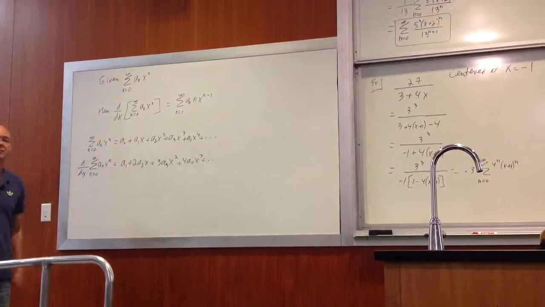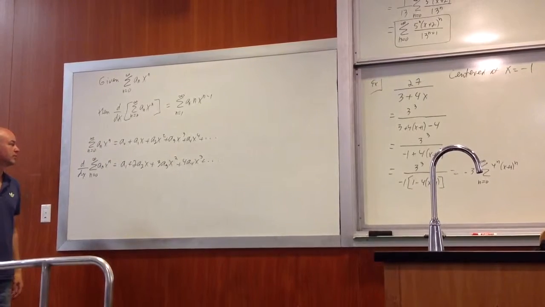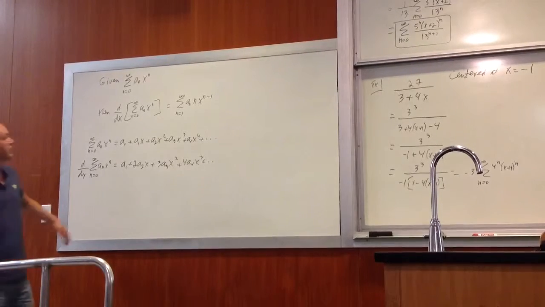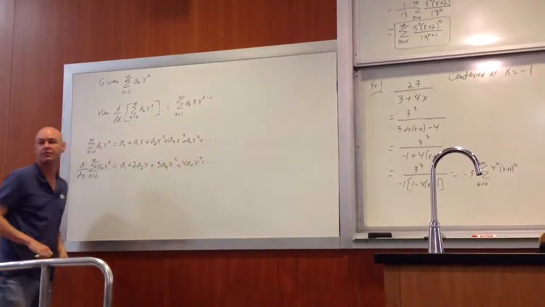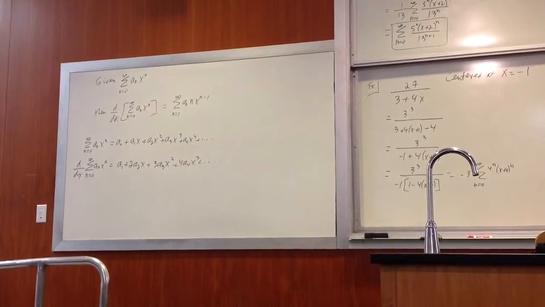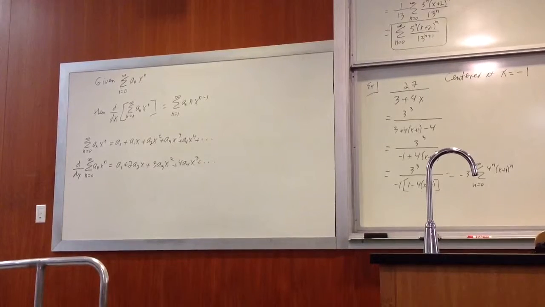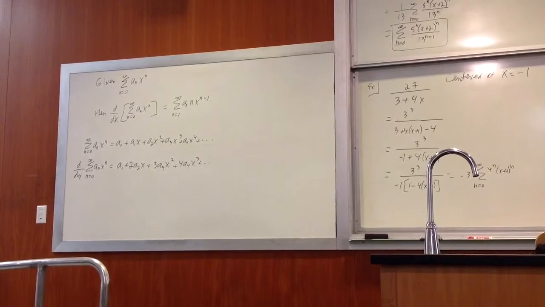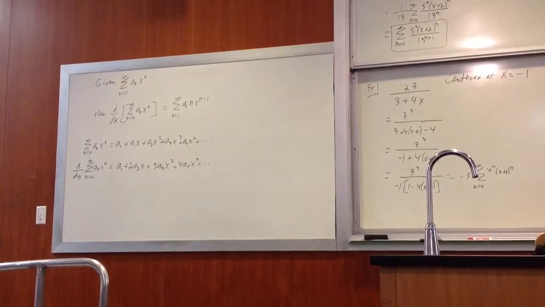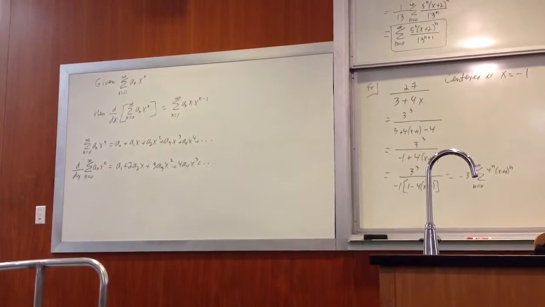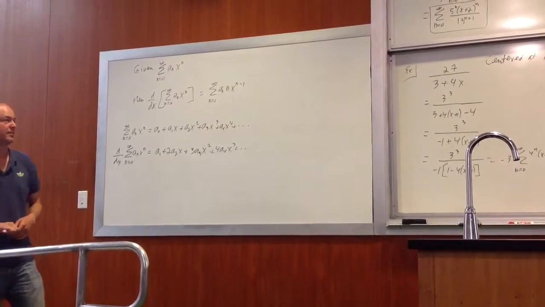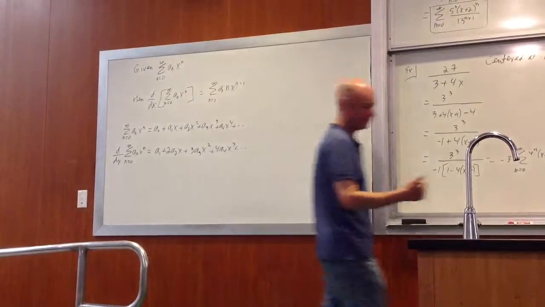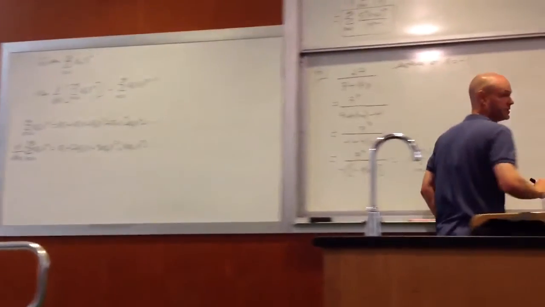Derivative of constant is 0. And here's the extra n here. The 2, the 3, 4, 5, 6. This is where it gets a little hairy. We'll get the integral here in a second.